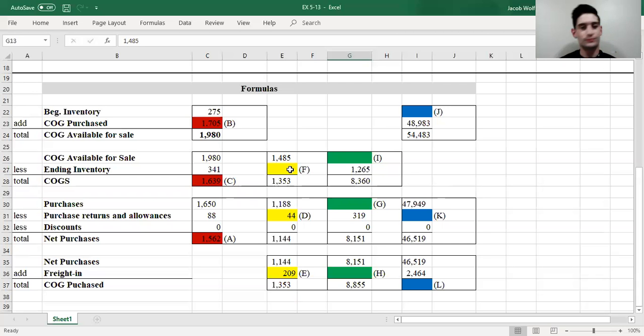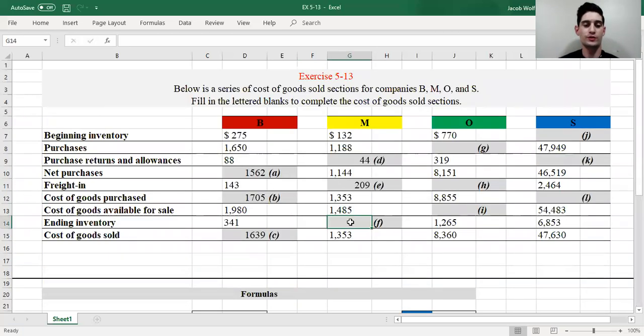It's a negative 132, but it's important that we just get the difference. So there's 132, and then we can try that out again. 1,485 minus 132 is equal to our 1,353. Our ending inventory for company M will be 132.